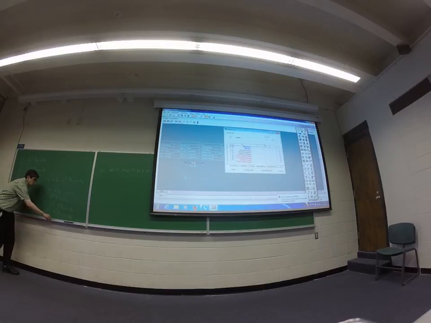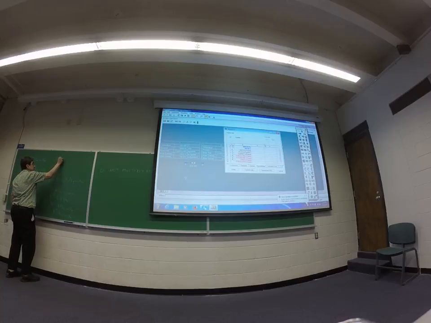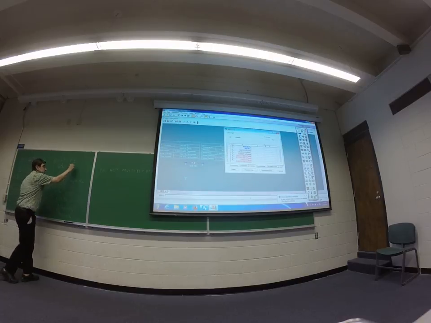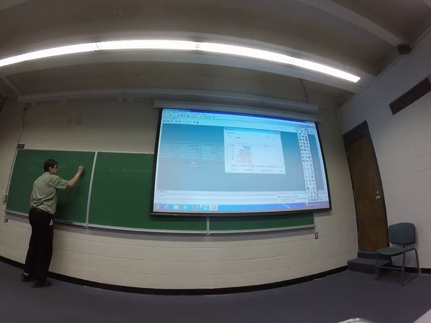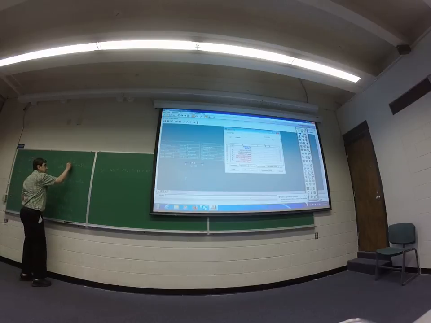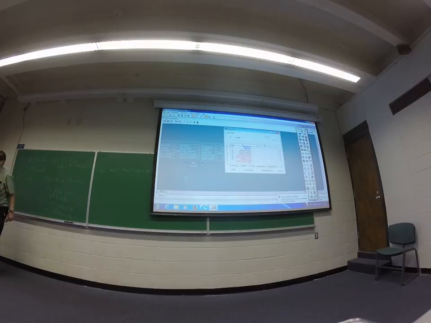So we're getting U as H minus PV. This guy is kilojoules per kilogram mole. V is cubic meters per kilogram mole. If I have P in pascals, Pascal times meter cube is joule.